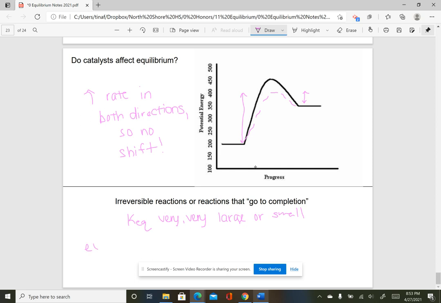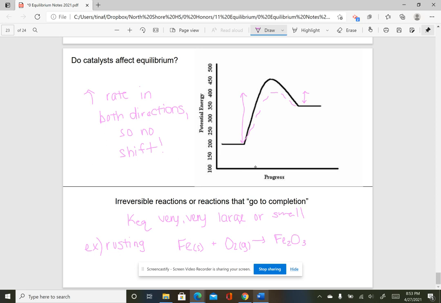So an example of this is rusting. So if you have iron, right, and you leave it outside and you expose it to air and you expose it to moisture, that iron reacts with oxygen in the air and it turns into rust.